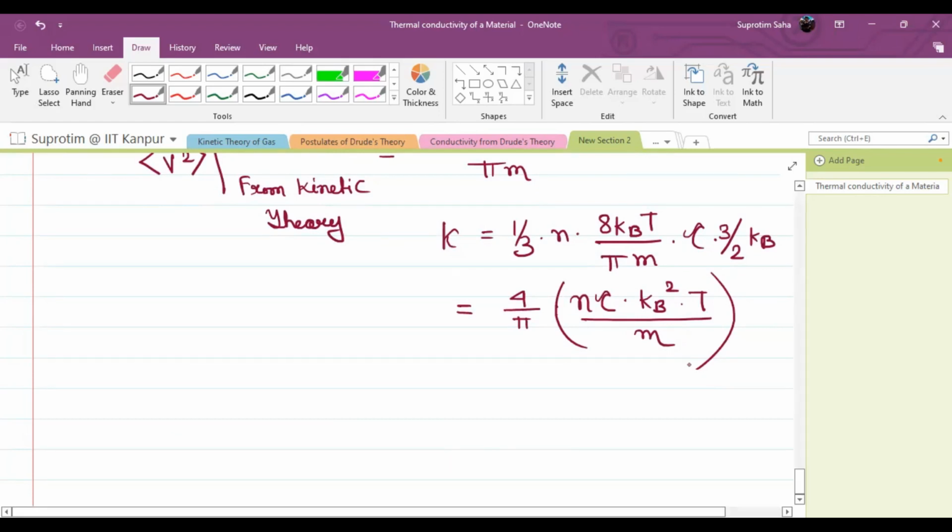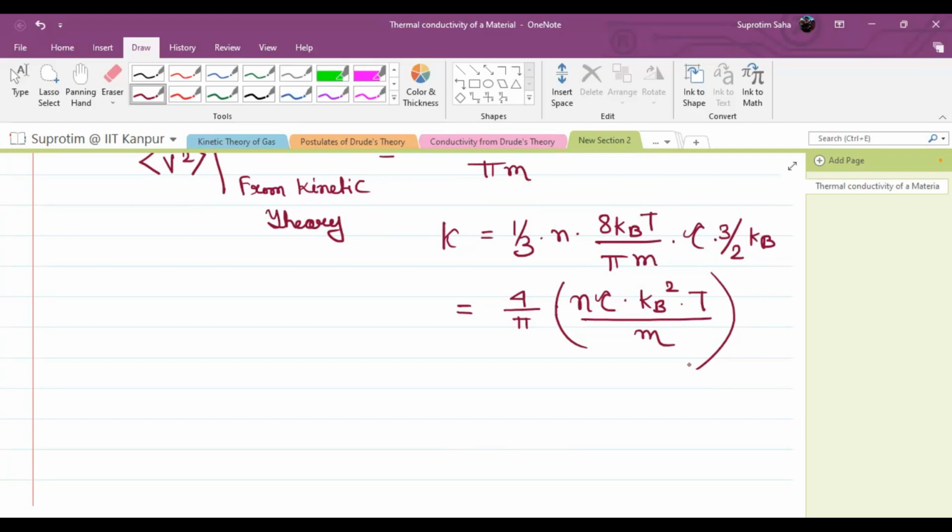So is there any connection between the thermal conductivity that we calculated and the electrical conductivity that we have been calculating in the earlier lectures? Electrons are charge carriers. They conduct electricity from one point to the other. Conventionally, the direction of current is opposite to the movement of the electrons.